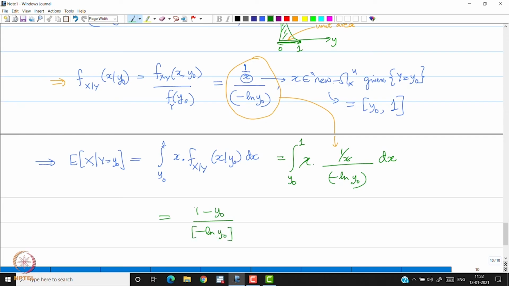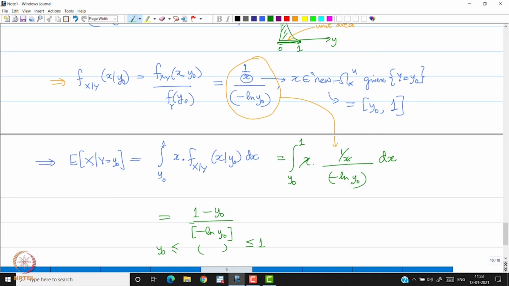This was derived in the blackboard lecture, and let me write it again clearly: 1 minus y naught divided by minus ln y naught. And this number is between y naught and 1, as was pointed out. This number cannot be smaller than y naught, and it cannot be bigger than 1.